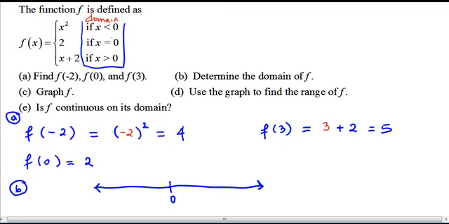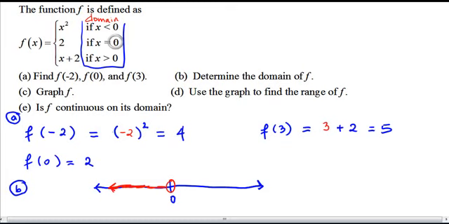So this domain says that we start out, x is less than 0, we cannot include 0, so I have an open circle, and then x is anything less than 0.